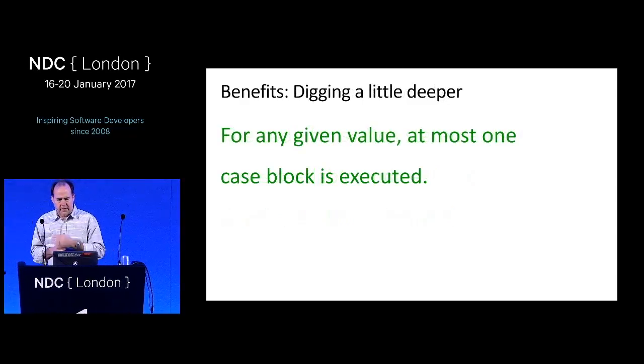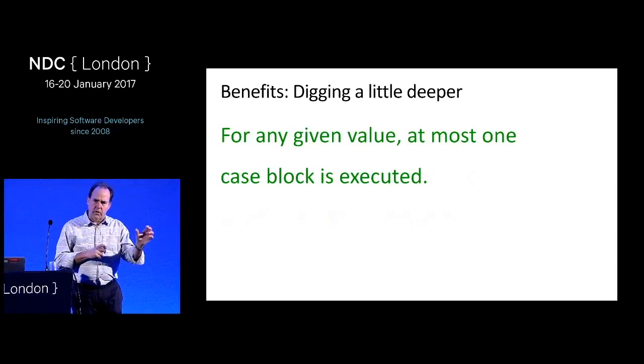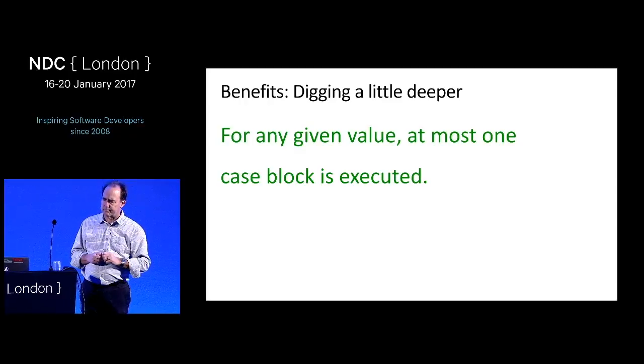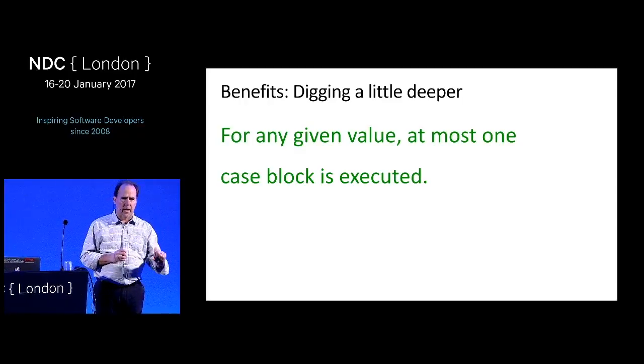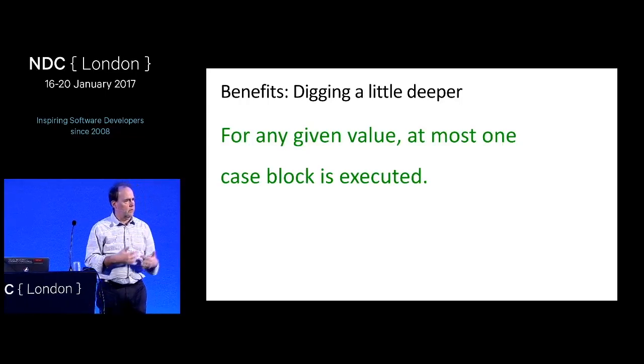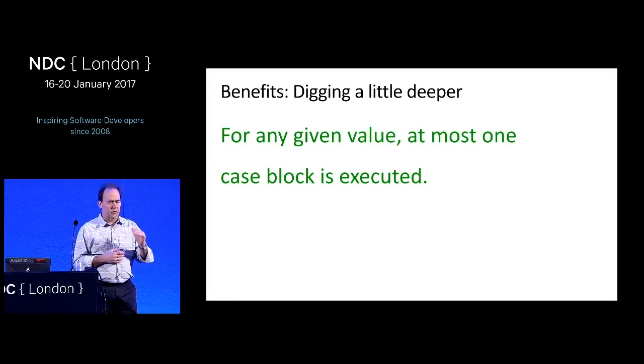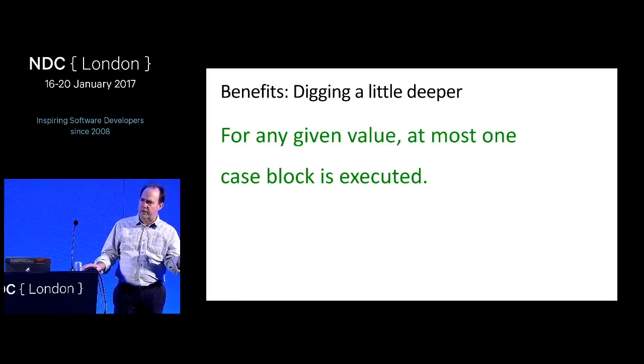There's a hidden benefit that comes up. For any given value, when you look at code, if you want to refactor it and move things around, at most one case block gets executed. That helps us when we added the pattern matching switch expressions, because the semantics are such that the first pattern that matches gets executed and then it will exit.